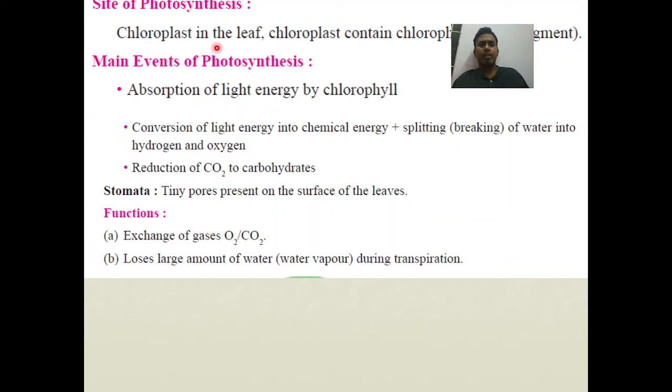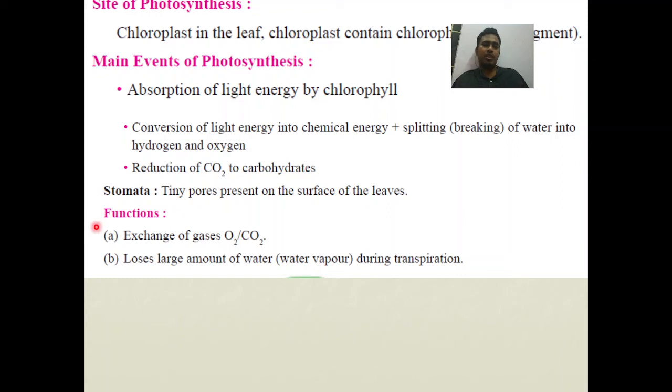So what are the events finally? The chloroplast in the leaf contains the chlorophyll pigment. Then there is absorption of light energy by the chlorophyll, then conversion of the light energy into chemical energy, and then reduction of carbon dioxide to carbohydrates. Carbon dioxide and other gases are absorbed by the tiny pores present on the surface of the leaves.